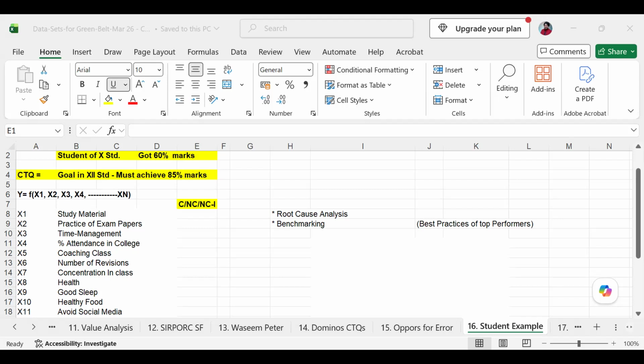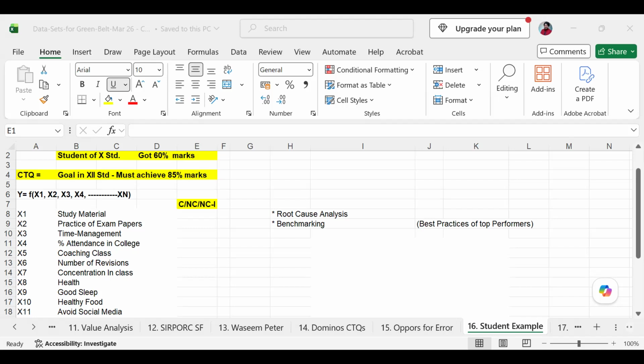How do we derive the CTQ? CTQ is derived from voice of customer, VOC. So we take the feedback of the customer and from there we derive the CTQs. We will go back to page 10.